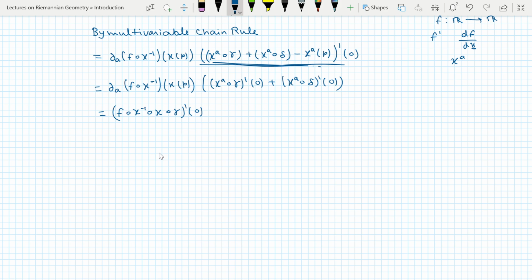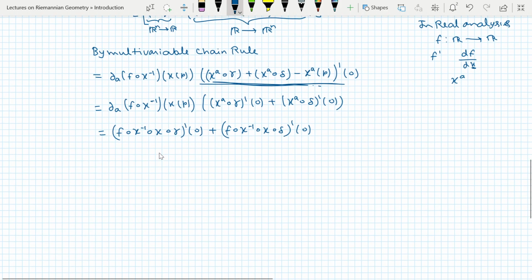That's what we have done here, because you see f of x inverse is a function from Rn to R, and x of gamma is simply from R to R. And here what you have is f composed with x inverse, and this composed with x of delta, and the derivative of this. You can write this as the following.